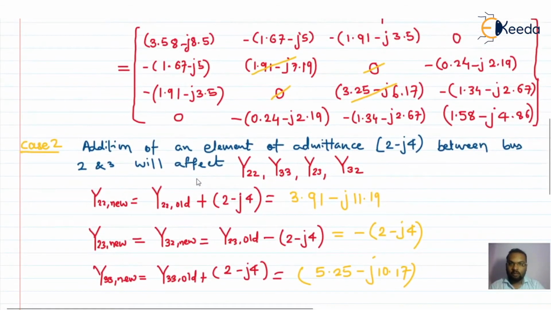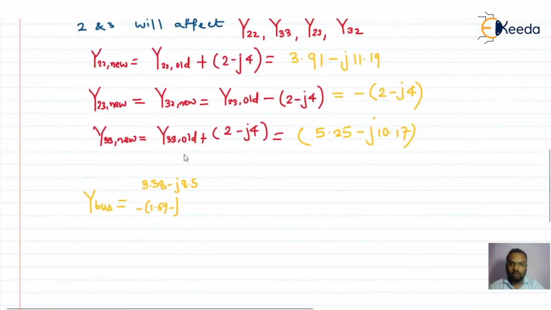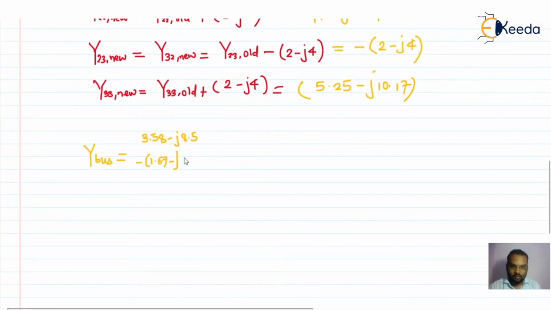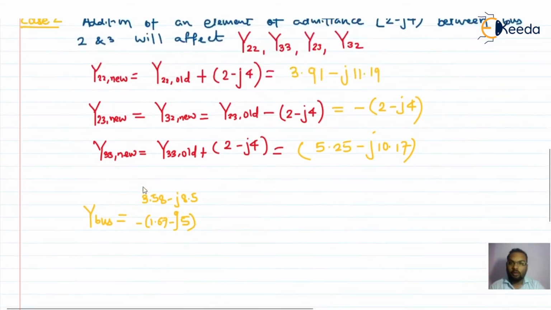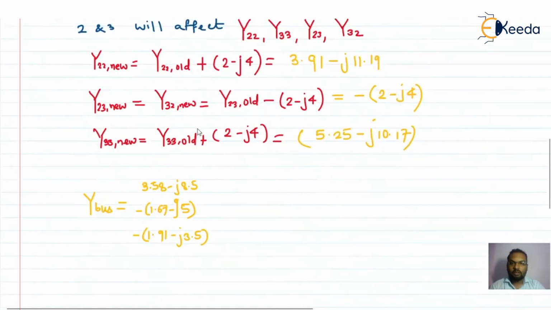Next term minus of 1.67 minus j5. Next term is minus of 1.91 minus j3.5. And it is 0, of course.